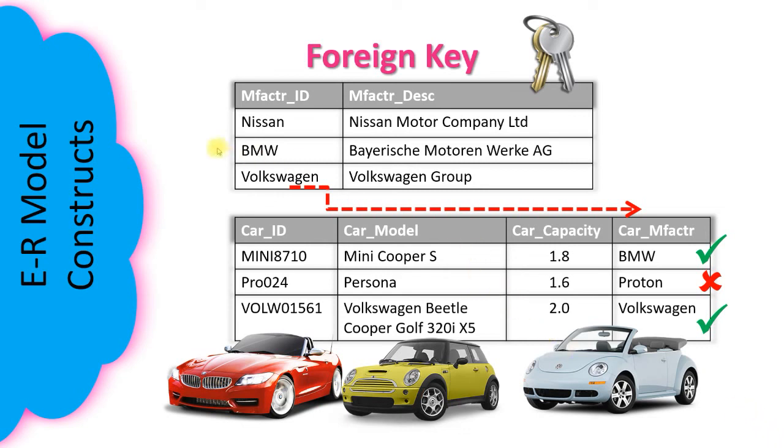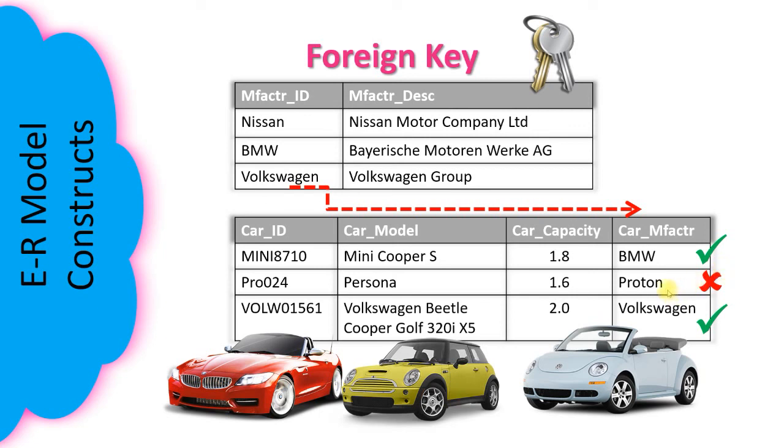If we use BMW as the ID for this company, then since manufacturer ID is the foreign key here, BMW must be entered here. If we key in a data value other than this, you will get it wrong.